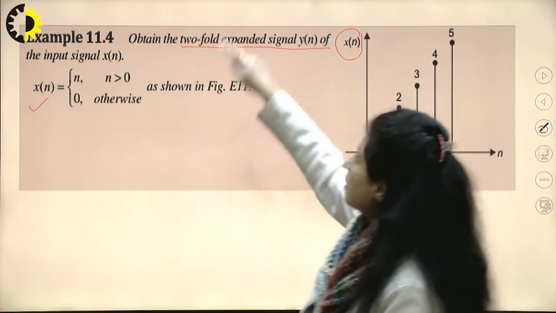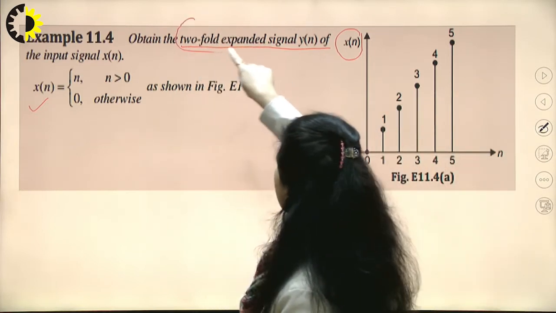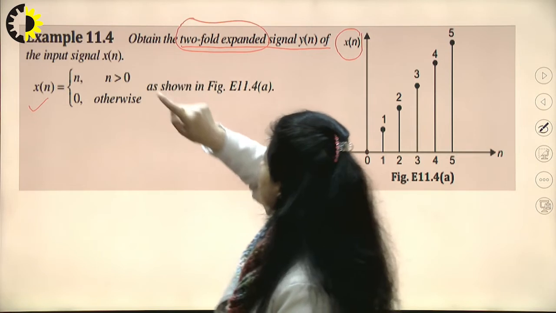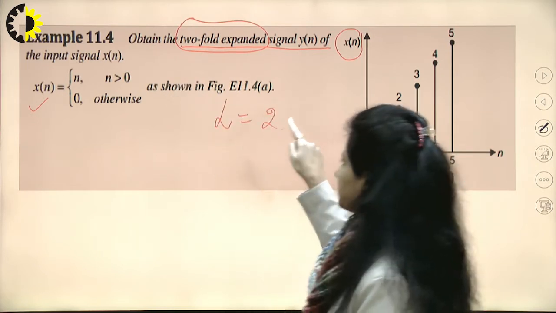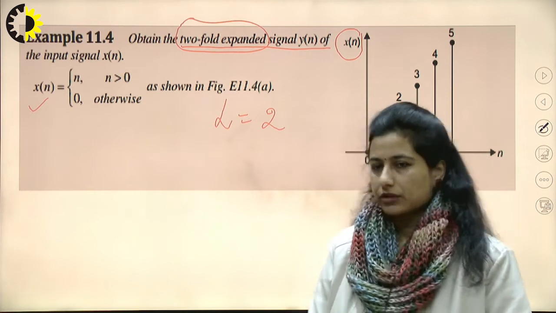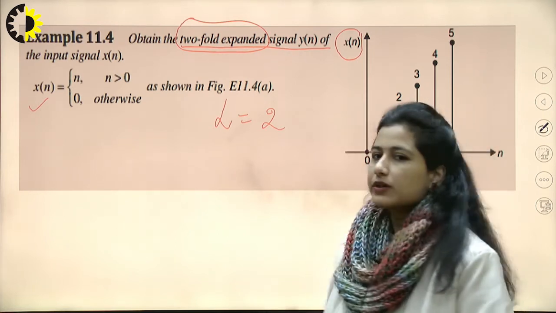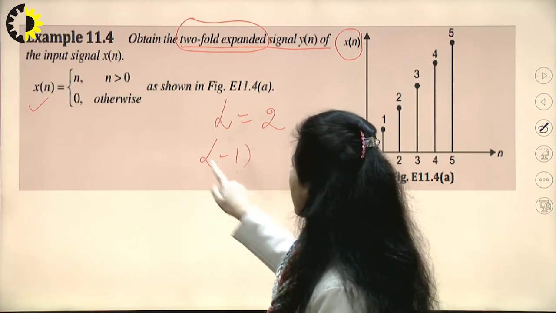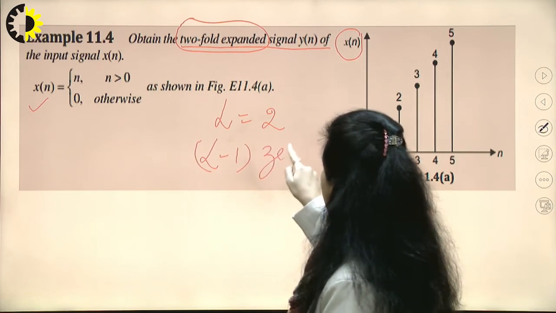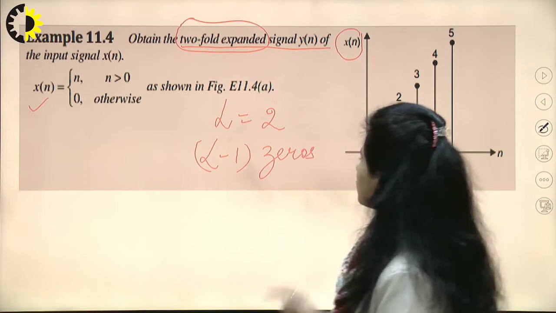I need to perform two-fold expansion. That means the L that I'm going to use here is 2. And as per the definition we have discussed, the process of interpolation is introducing L minus 1 zeros in between two samples.